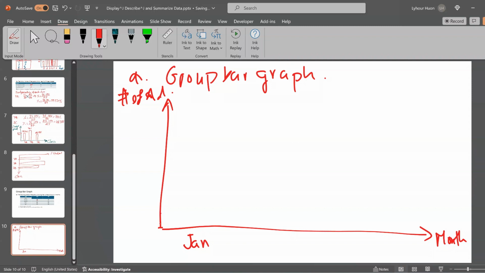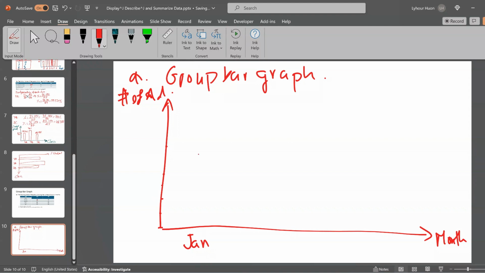So for example, one grid is 50, so this is 100, 150, 200, 250, 300 here.